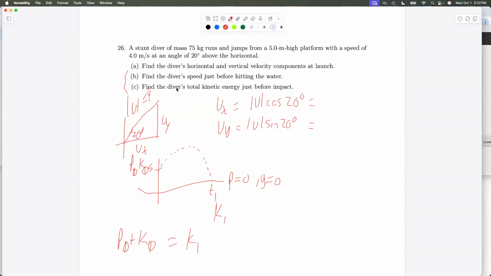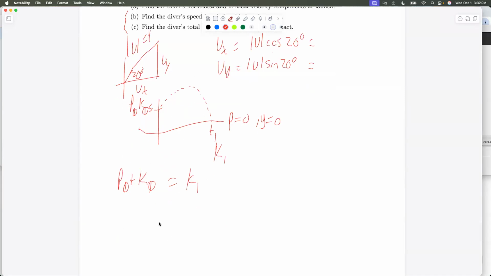So I'm actually going to solve C and then go backwards and solve B. All right, this is mgh plus 1/2 m V0 squared will equal 1/2 m V1 squared.